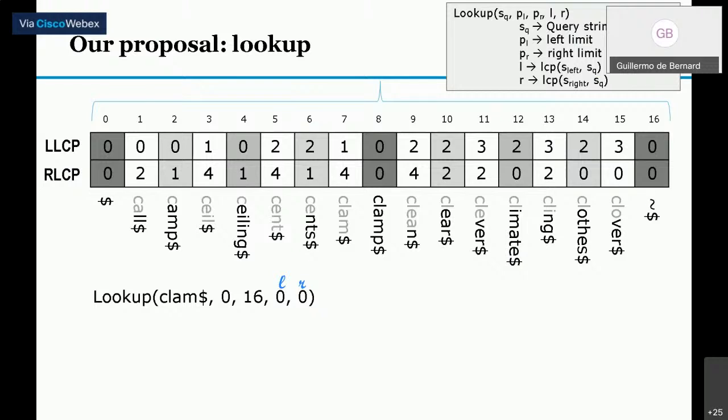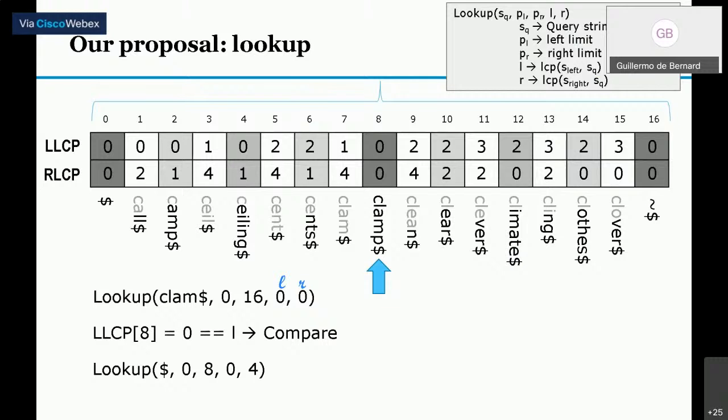So initially they are set to 0 because we have the marker strings at the beginning and at the end, which are just dummies. And then we start searching at the midpoints. At the midpoint, we always need to search because both values in our LCP arrays are 0. So we need to compare the string at position 8 with our query string.